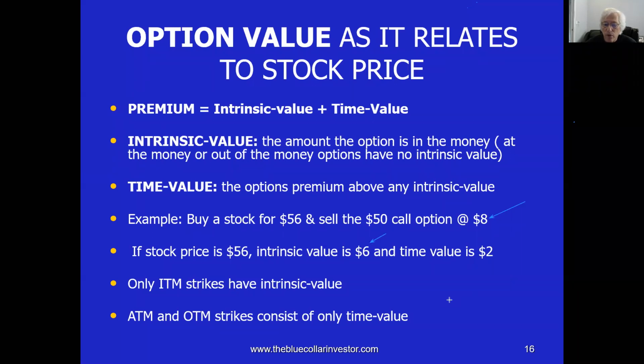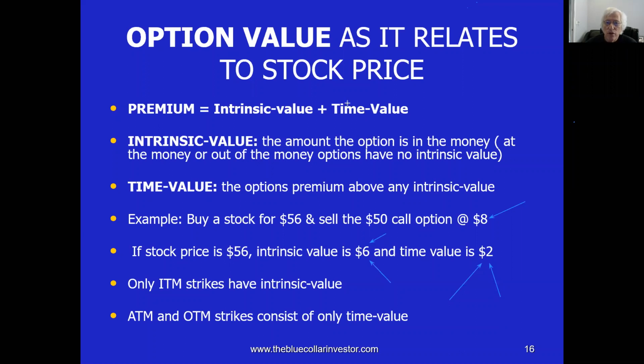So what we want to do is deduct that 6 from the 8, giving us a $2 actual time value profit. So in this particular case, the intrinsic value is $6, and the time value, our actual profit, is $2.